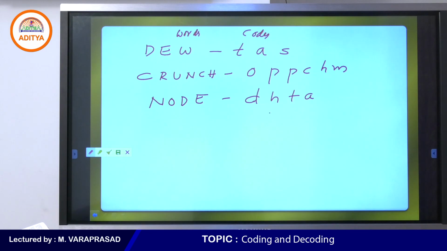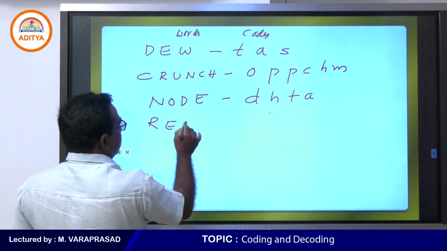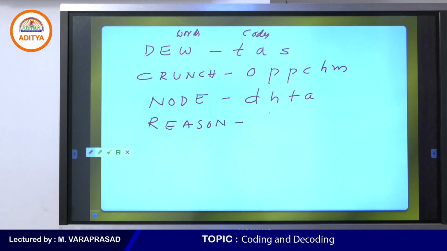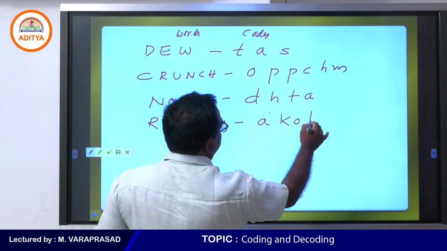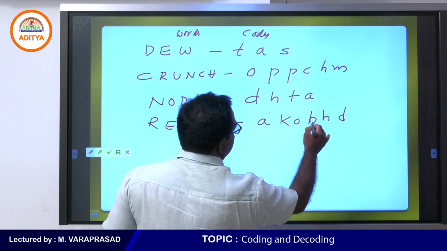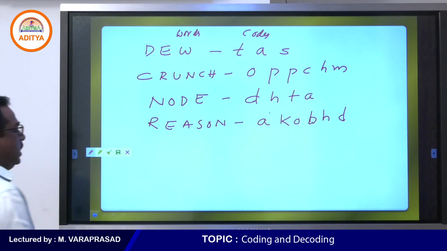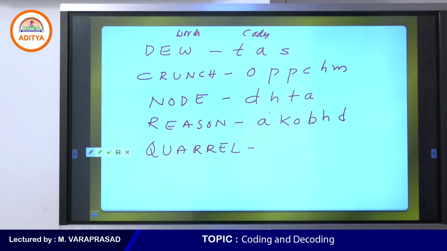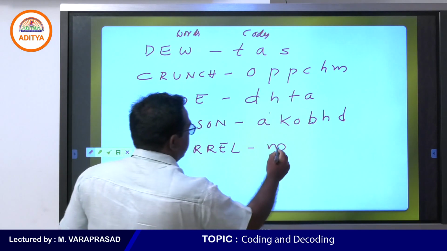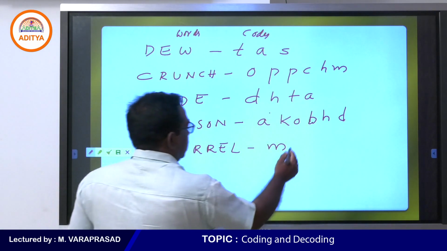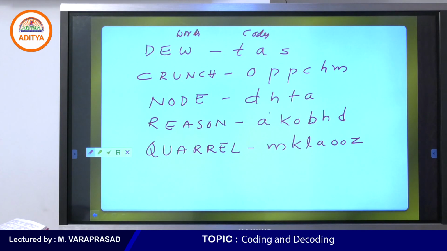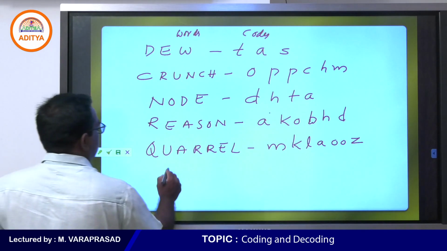The fourth one is reason, given as AKOBHD. The last but one is quarrel, given as MKLAOOZ.